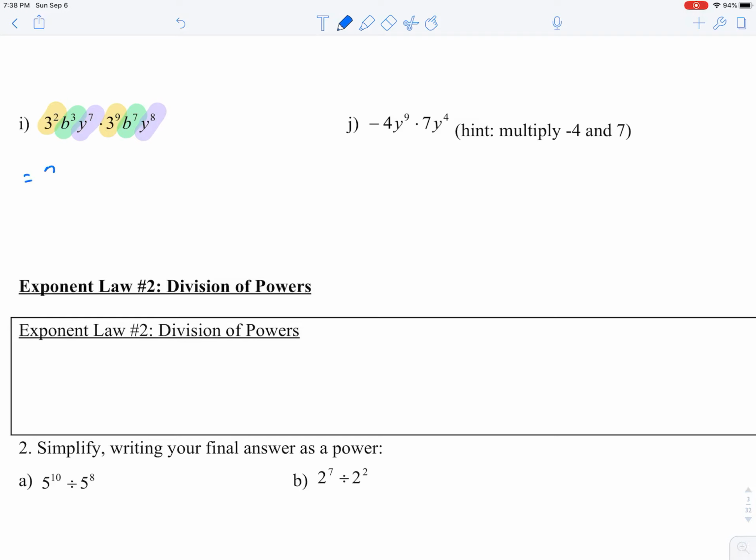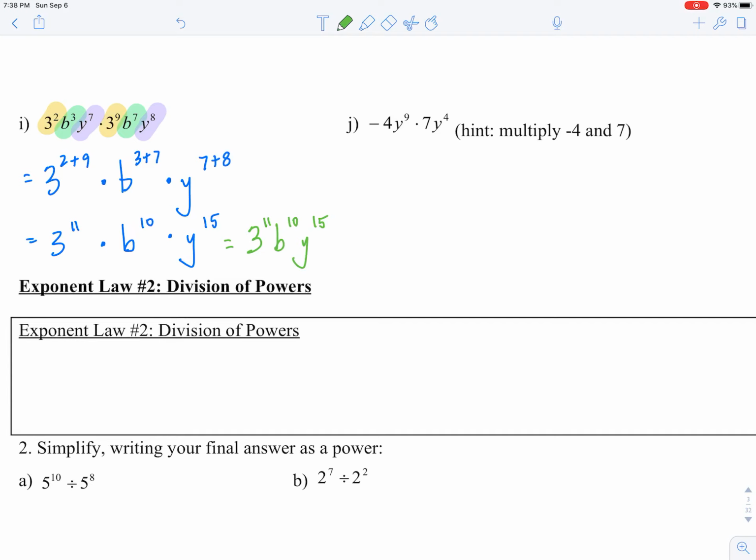So I would have 3 to the 2 plus 9 times b to the 3 plus 7 times y to the 7 plus 8, or 3 to the 11 times b to the 10 times y to the 15. And you could write those all squished together if you want. Totally legit other way would be 3 to the 11, b to the 10, y to the 15. Either way works.